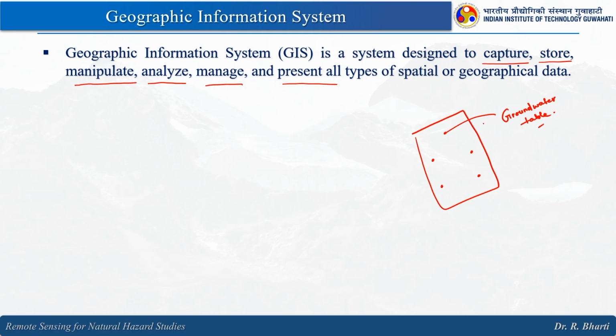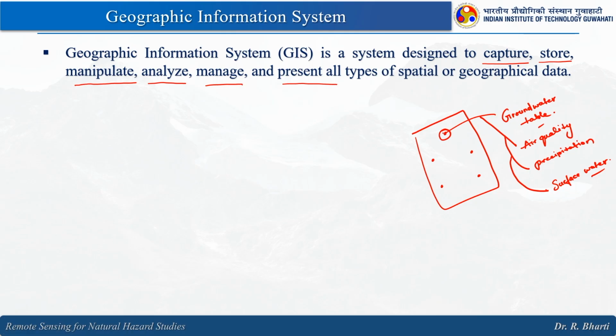You also have the information about the air quality. You also have the information about the precipitation. You also have the information about the surface water availability. So, all these information will be stored against this particular point, right.